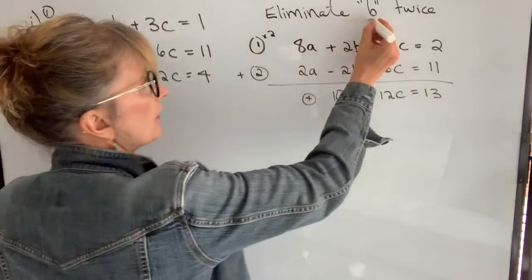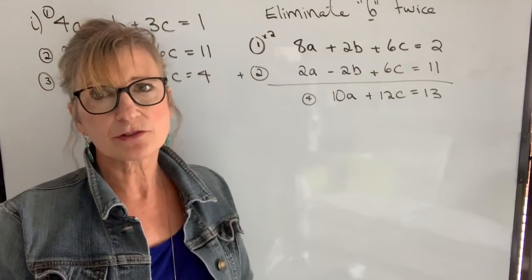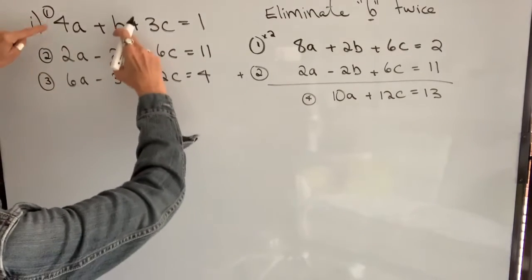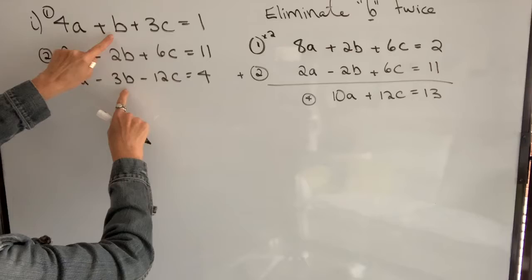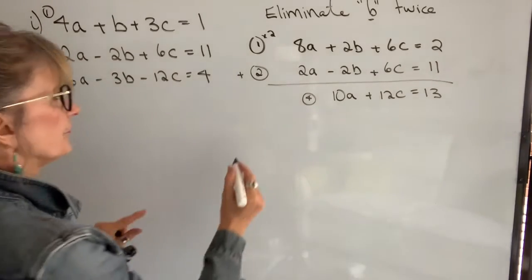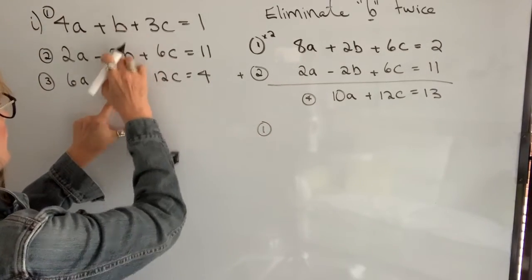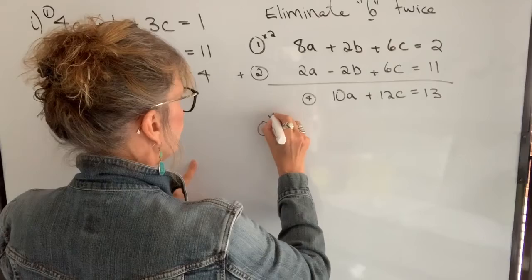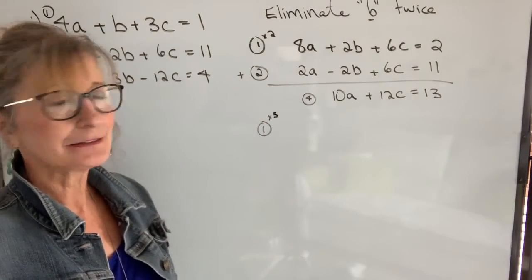I'm going to do this process again. And remember, I have to eliminate the same variable again, but I have to use a different set of equations. So I've used 1 and 2, so I either now have to use 2 and 3 or 1 and 3. Again, looking at what's easiest, I'm going to choose equations 1 and 3. And if I take equation 1 and multiply by 3, I will be able to eliminate the B term again.